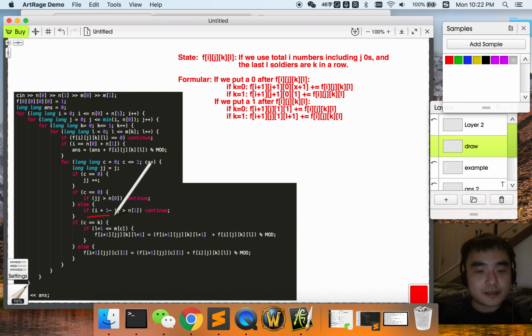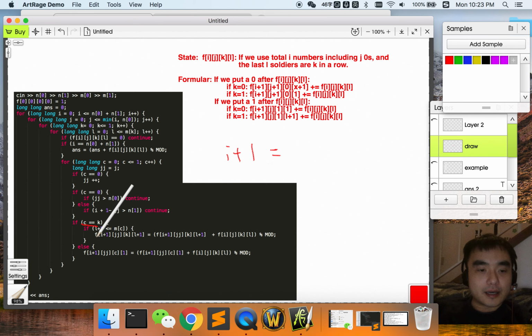And this is the same idea to check the number of ones is still valid, right? If it is bigger than n1, then it's not valid, right? And this guy checks k. So this guy is checking whether the number we use at the I plus 1 is equal to the last number of the last state.